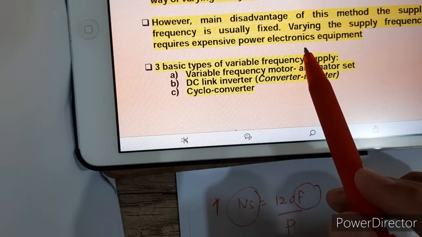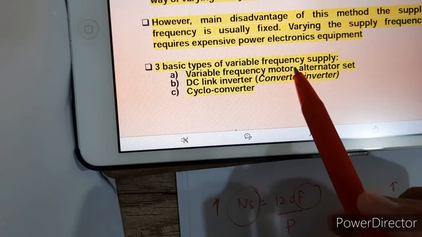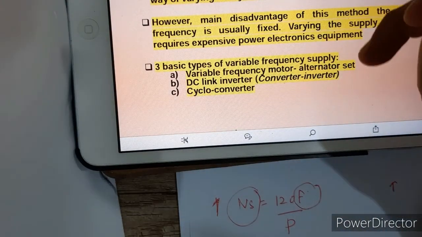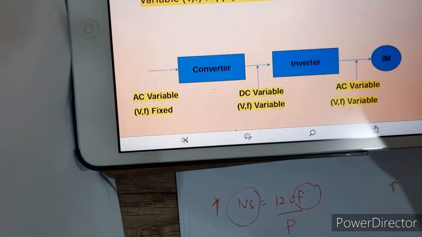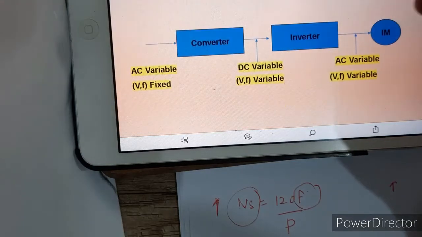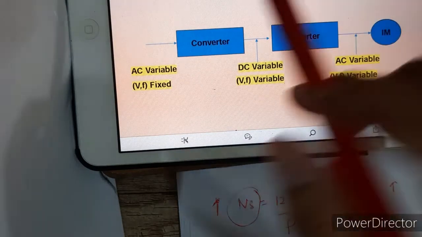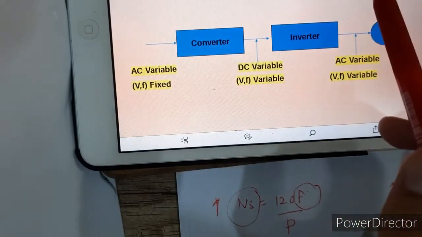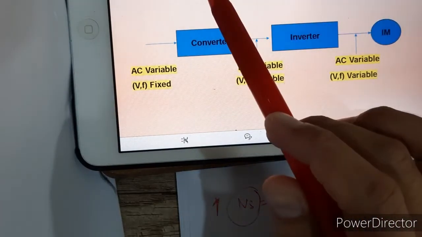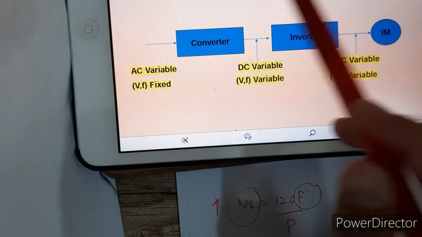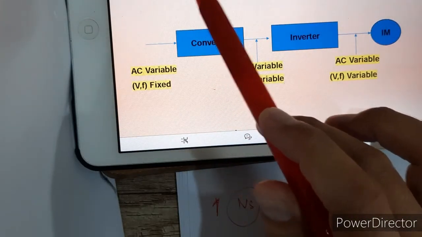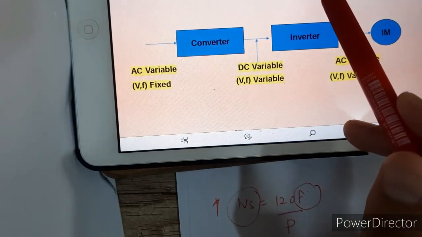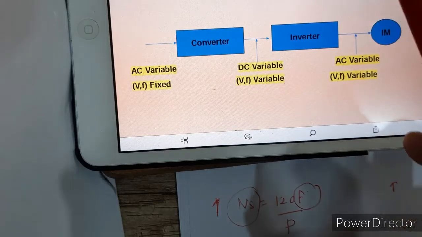The circuit we are going to use to vary the frequency is the converter inverter circuit arrangement for variable voltage and frequency supply from a constant voltage and frequency supply.